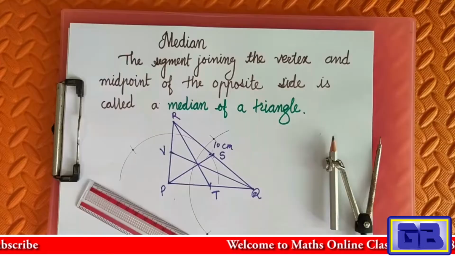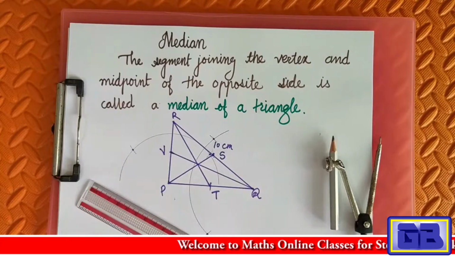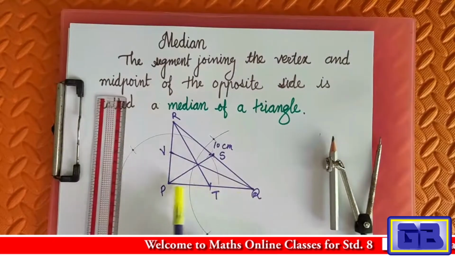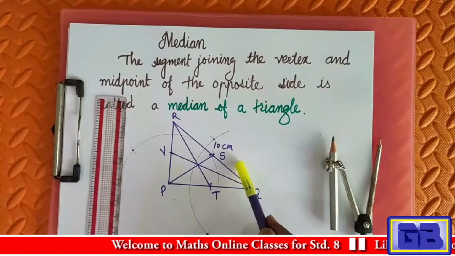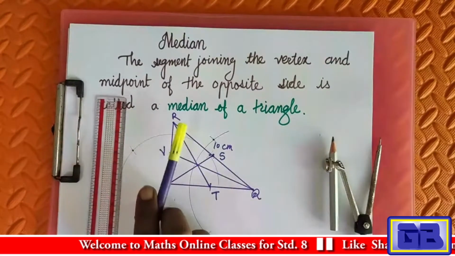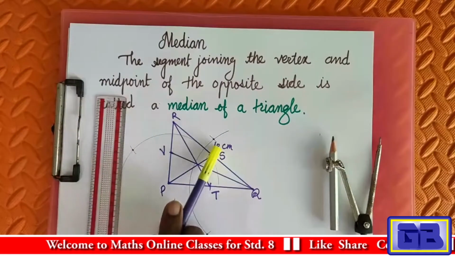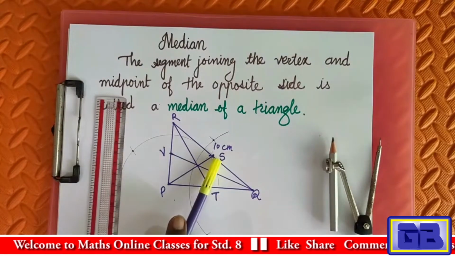Sir, how many centimeters we have to take? See here, I said if you don't know the measurement of 2 sides and if you know the measure of one side, suppose this side RQ is 10 centimeter, so you can measure 5 centimeter and you can take one midpoint.